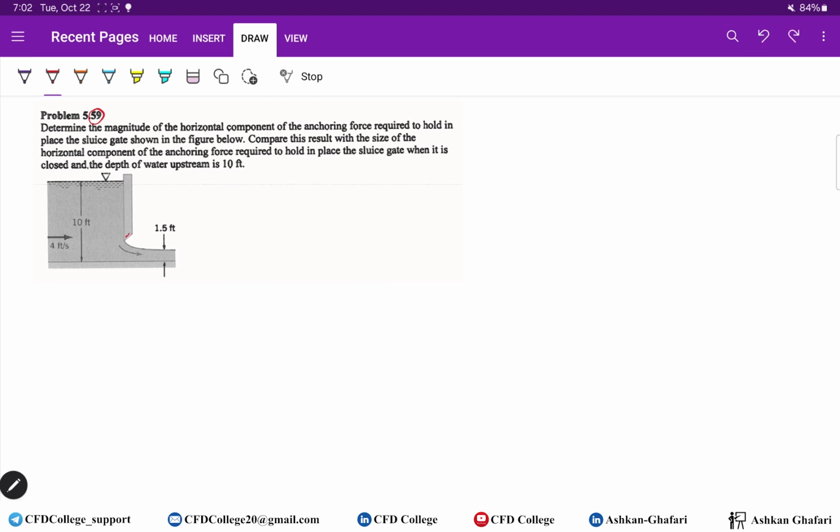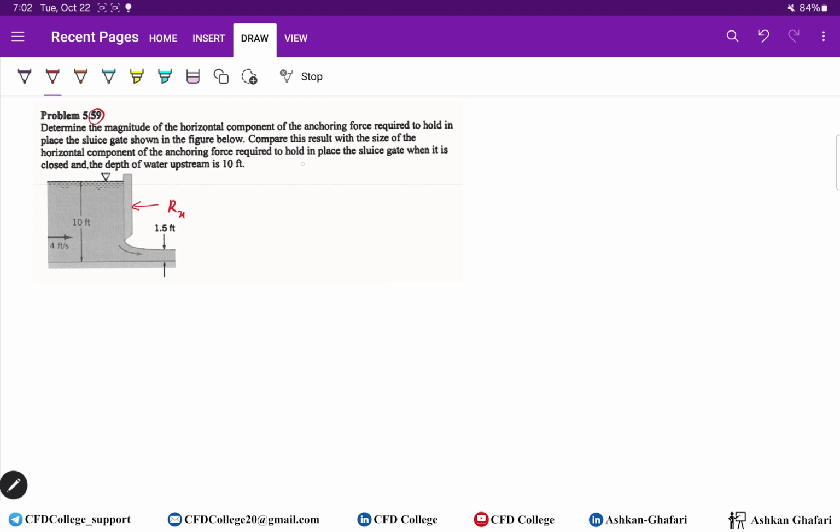So we want to find the force which is needed to hold it, for example, this one, Rx. Compare these results with the size of the horizontal component of the anchoring force.